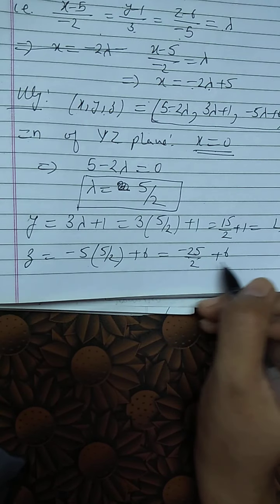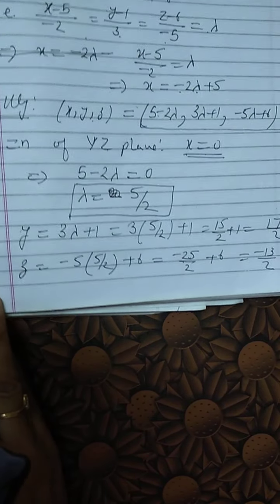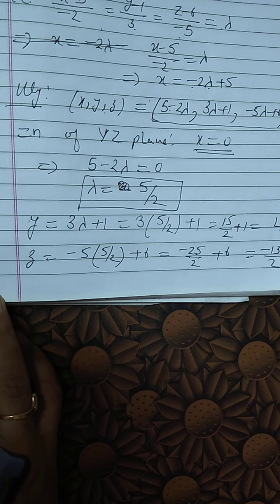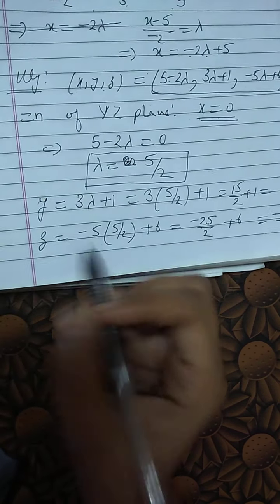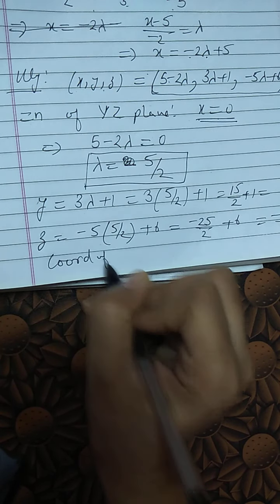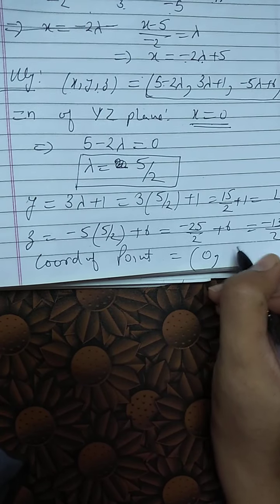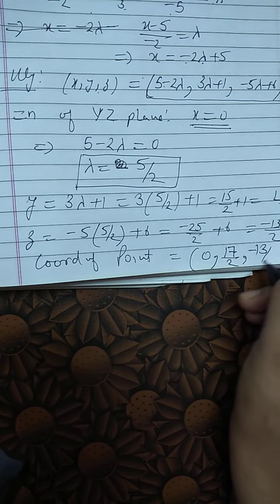So minus 25 plus 12, that is minus 13 by 2. So the required coordinates of the point where the line crosses the YZ plane are 0, 17 by 2, minus 13 by 2.